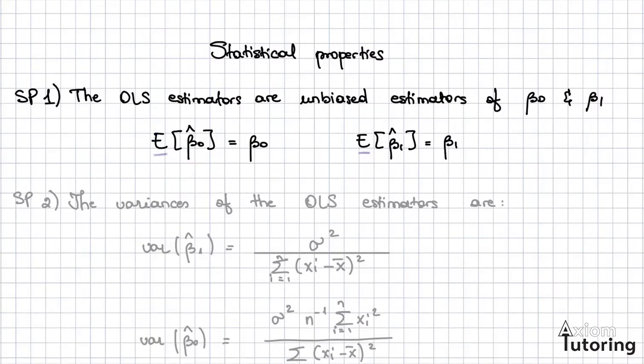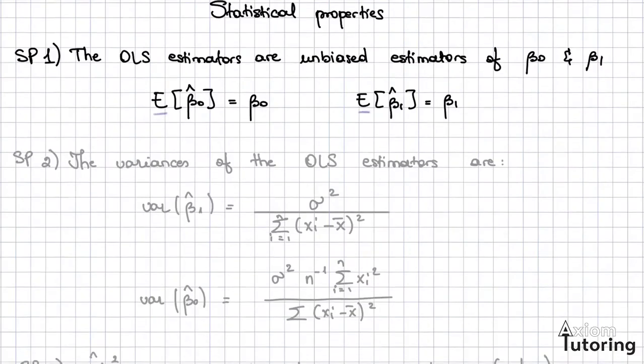What we're saying with the first property is that across all of these repeated samples, sometimes I'm going to get something that is less, sometimes something that is more than the true value of the population, but on average, I'm going to hit the true value of the population. So again, reminder: beta null hat here is what's coming from your sample estimation, and beta null without the hat is what you expect to be the population value.